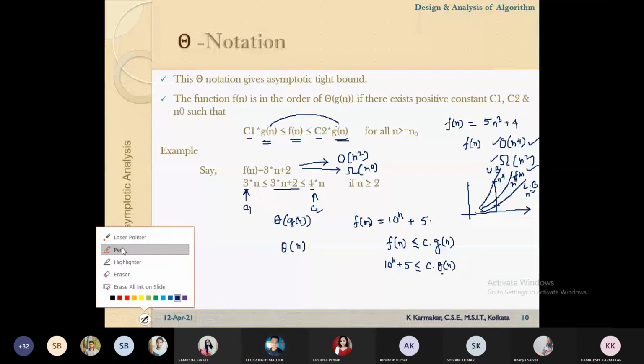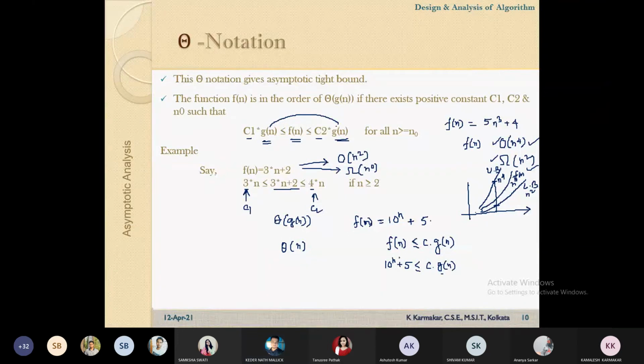Your question is, how will you determine this Gn? Okay. This one is very simple. It's not very hard. What kind of function is this? Exponential. This one is exponential because it is a constant whose power is n. So if this is an exponential function, its complexity will always be greater than the polynomial functions.